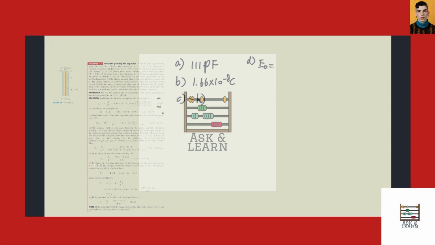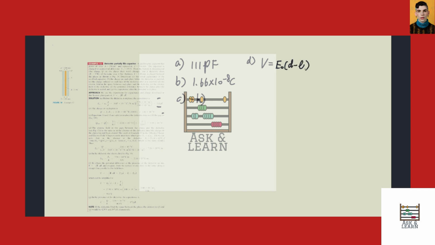In order to find the electric field, the voltage is constant, so we have V equals electric field times (d minus L).